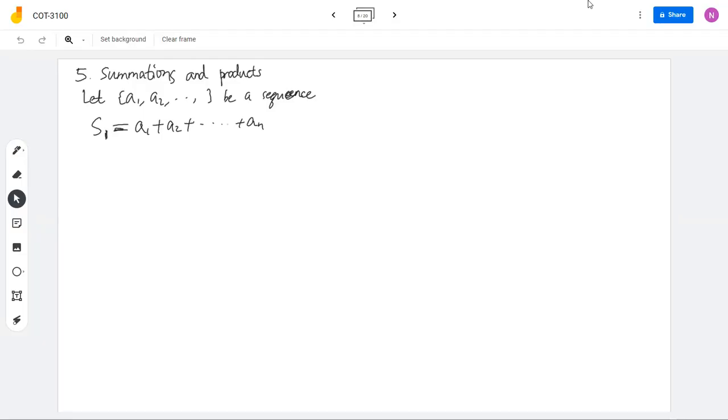For this purpose, people define the summation sigma notation. Use the capital Greek letter sigma, which stands for S. Just use sigma, and in the lower part, you use K as the index of summation. K is called the index of summation.